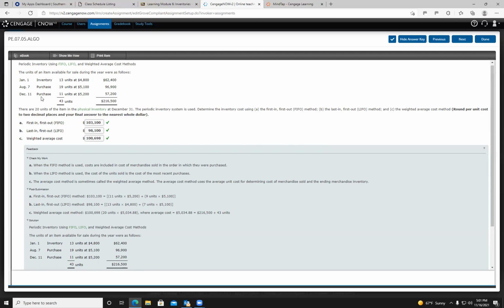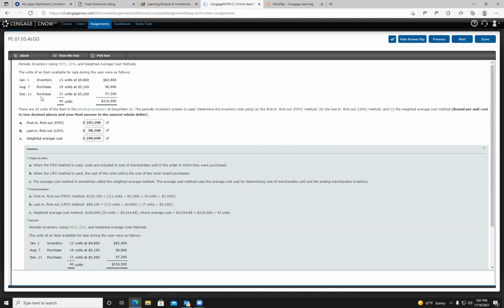So again, let's look at FIFO. When the FIFO method is used, costs are included in cost of merchandise sold in the order in which they were purchased, because the first items purchased are assumed to be the first items sold.